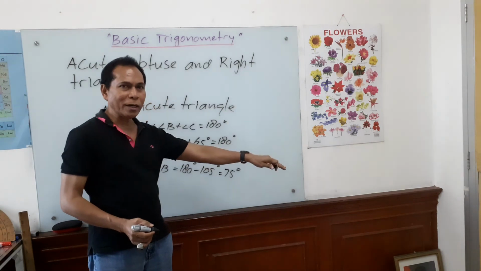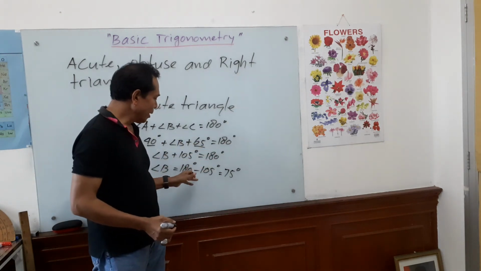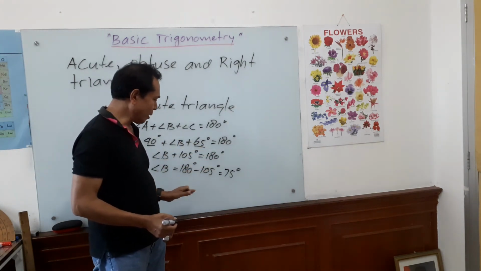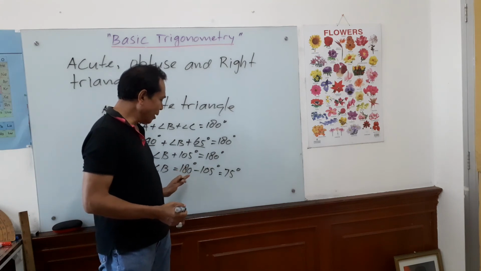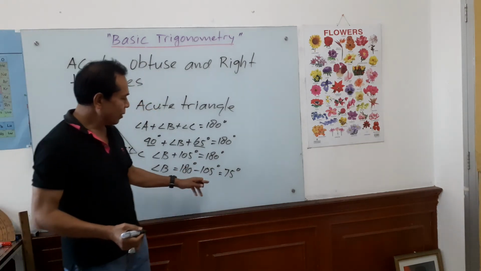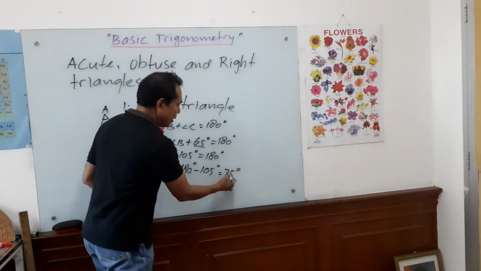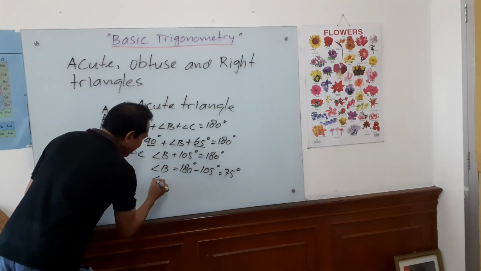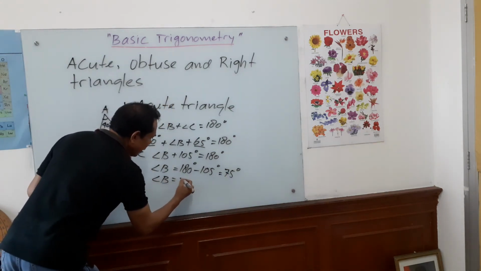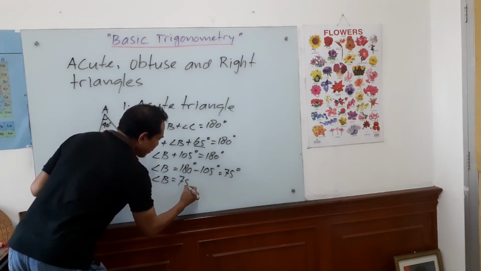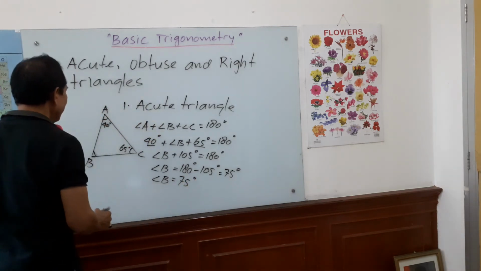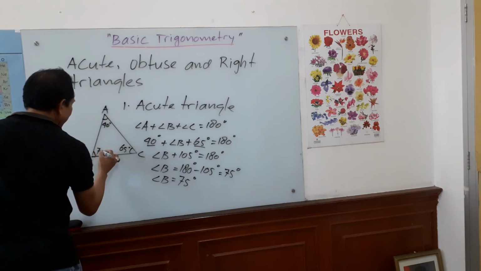We move it to the right side of the equal sign, it becomes negative. So 180 minus 105, 105 becomes 75, okay? So angle B equals 75 degrees. So you can put 75 here.